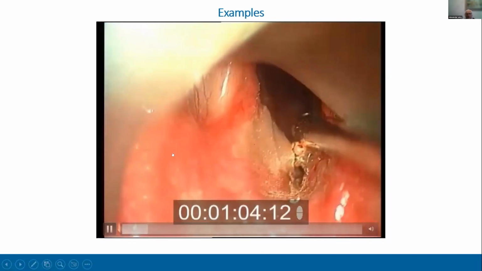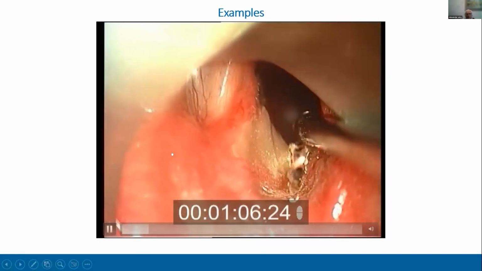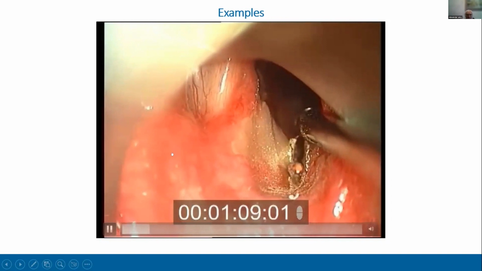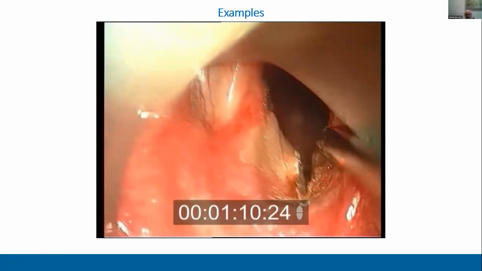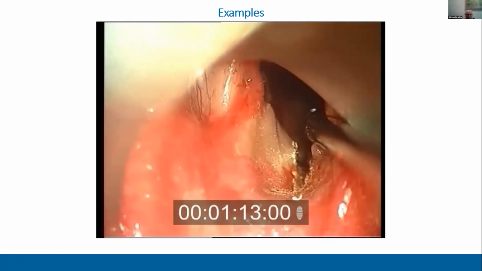I think these are optimal conditions for the surgeon, and we can ventilate. This is important for the anesthesiologist.